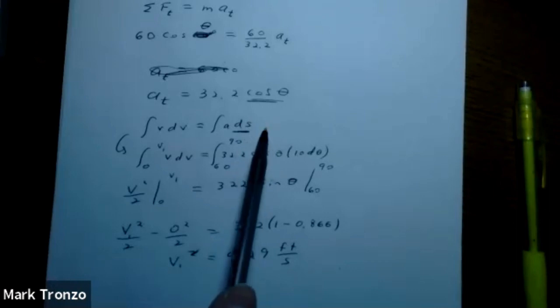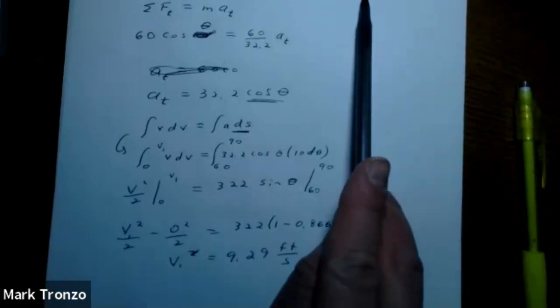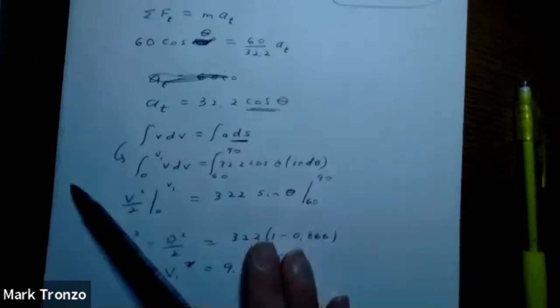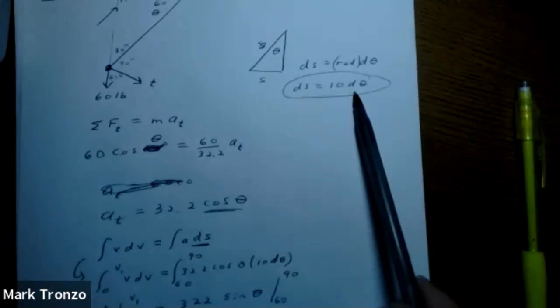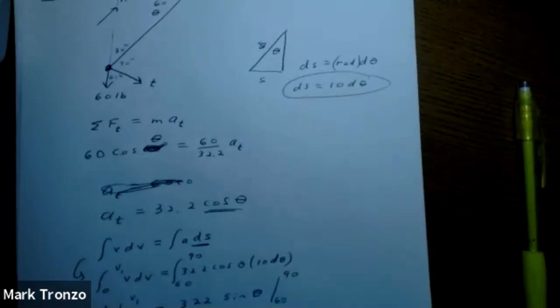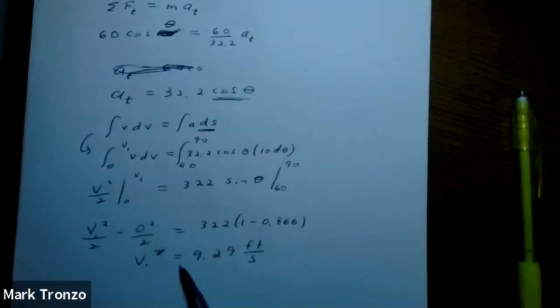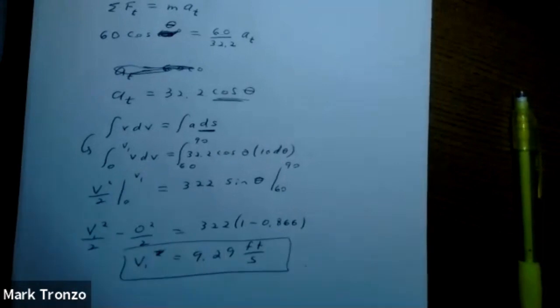So we had to make this substitution: ds is equal to the radius d theta, and substitute this here, integrate, and get this. So that's what we have. If there's any questions so far, yeah, this is not a real easy problem either.